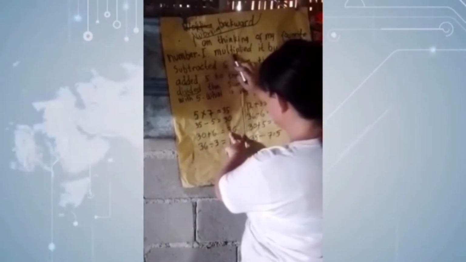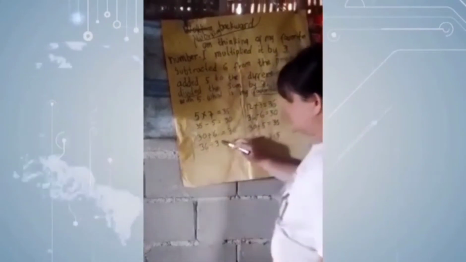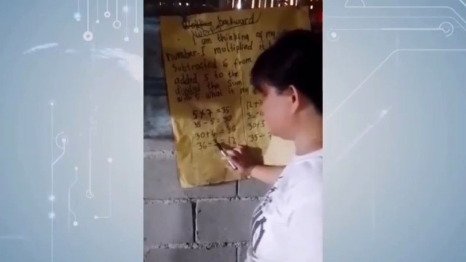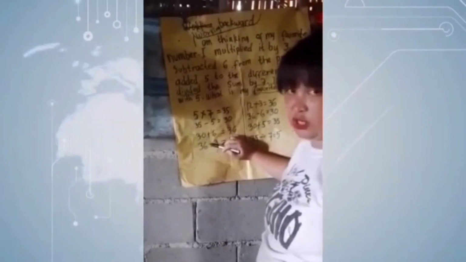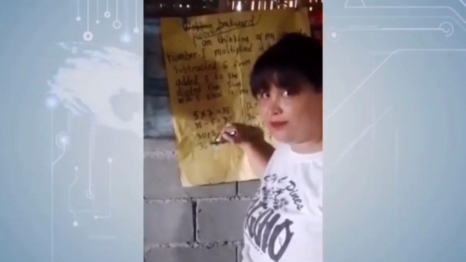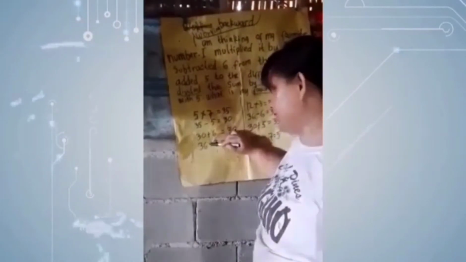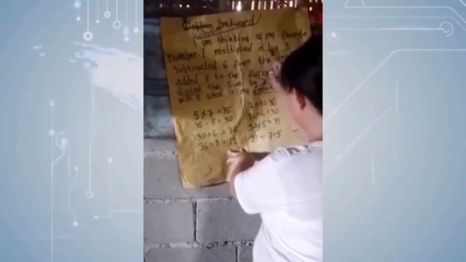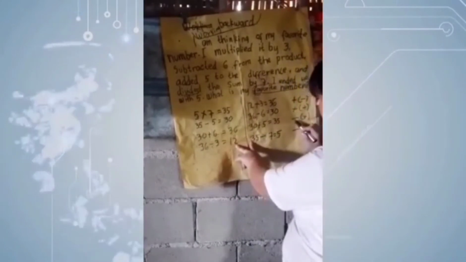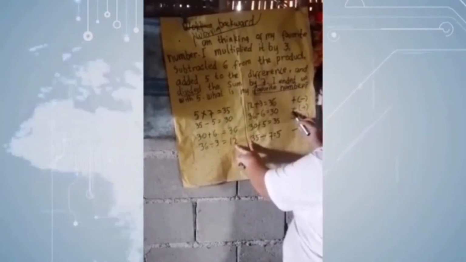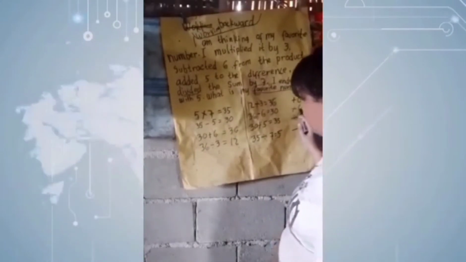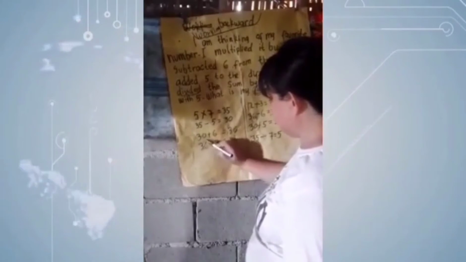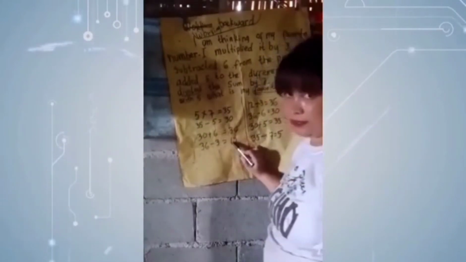And I multiplied it by 3. Since he or she mentioned that he multiplied it by 3, we are going to use the opposite of multiplication, which is division. So she or he multiplied it by 3, so we are going to use this method to answer this. 36 divided by 3 is equal to 12.